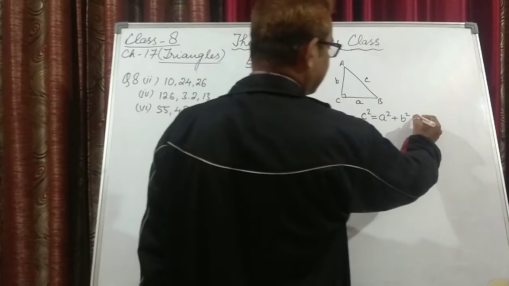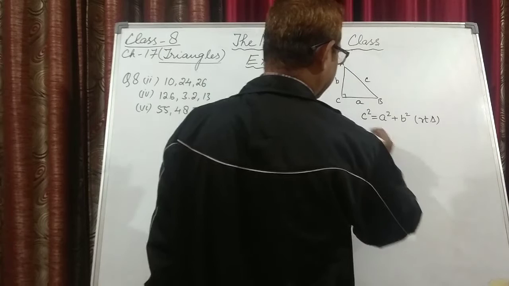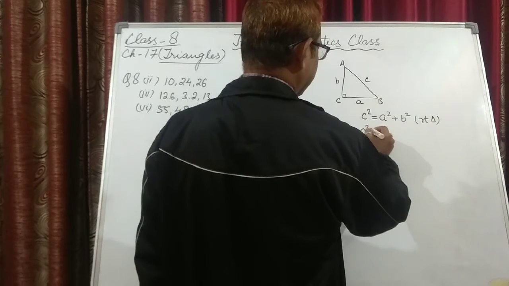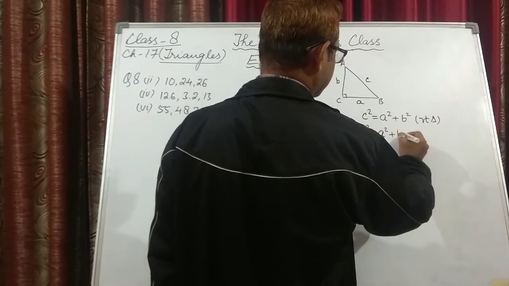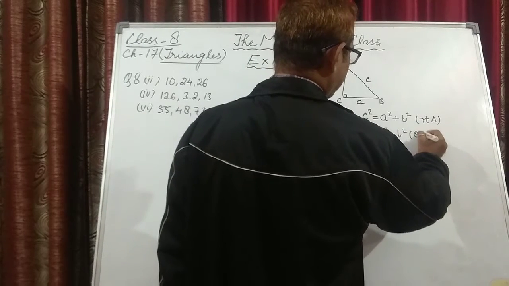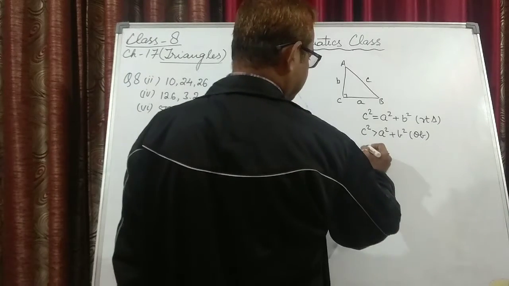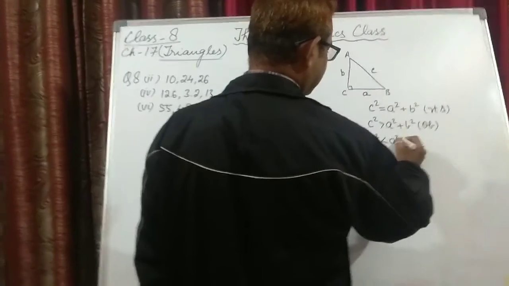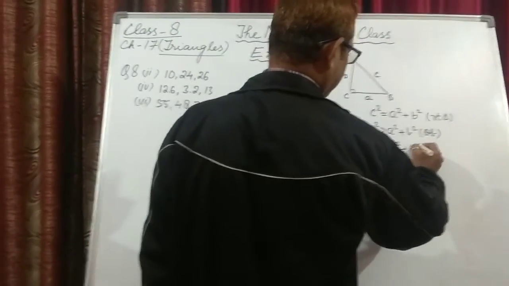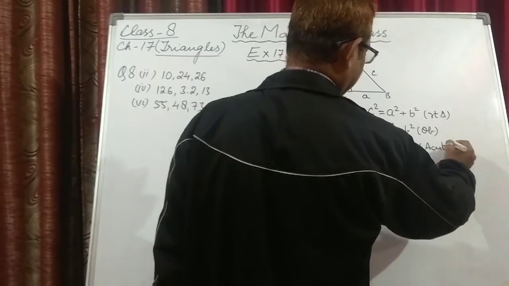Then it is a right triangle, that you have already studied. It is a right angle triangle. If C square is greater than A square plus B square, then it is an obtuse angle triangle. And if C square is less than A square plus B square, then it is an acute angled triangle.